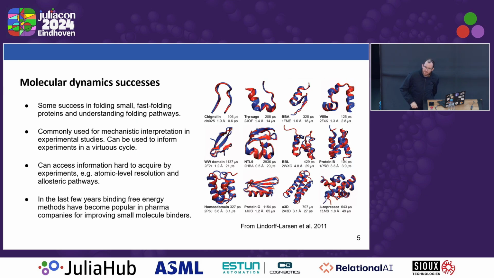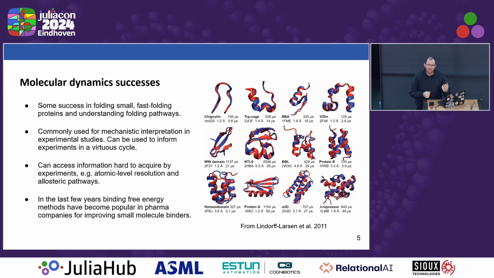So where has it been successful? Well, if you want to fold small, fast-folding proteins, you can just about do that. So this work on the right, again from DE Shaw Lab, it's quite old now, but they show that you can simulate these small proteins and they adopt the right structures. You can commonly use it for mechanistic interpretation. So, why at an atomic level is my experiment showing this?